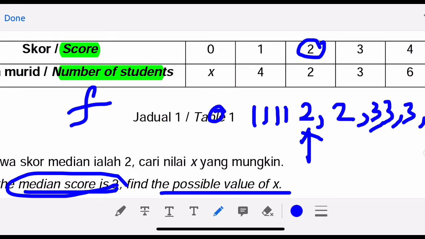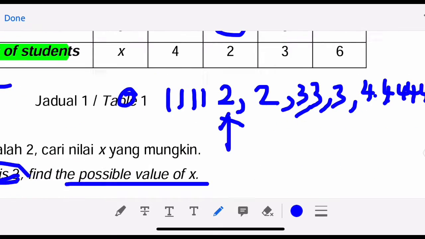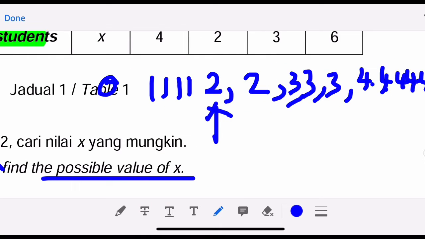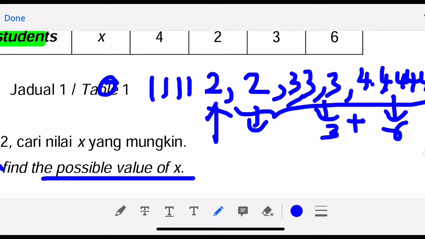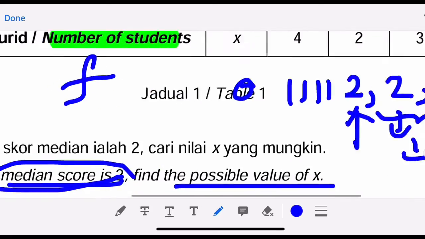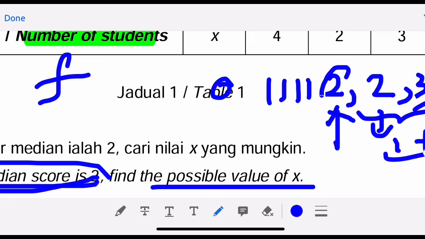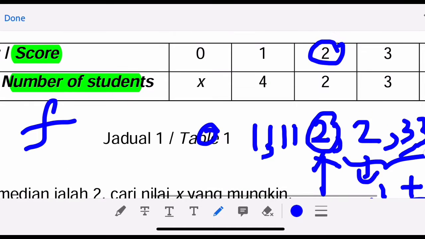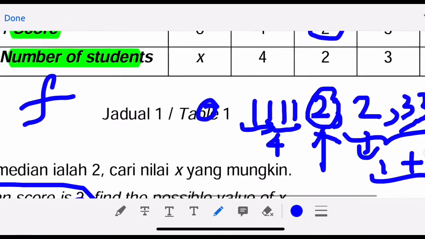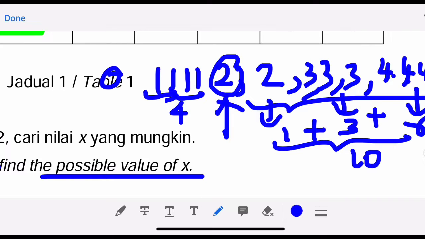We don't know how many, so we can try to figure out this one. Here we have 6, here we have 3, here we have 1. So we have 10 here, 10 data. So if we want these 2 as a median, we must have the 4 here. So see, we already got 10 here.